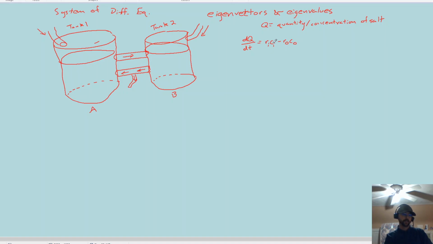And that's general actually for a lot of the differential equations that you set up. You have rate in minus rate out, and in this case the rate in is the rate in times the quantity in, because the rate in, what will be given, will be the rate of the fluid, and what you really want is the rate of the quantity. So when I set up these numbers, it'll make more sense.